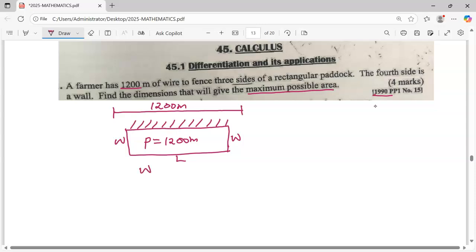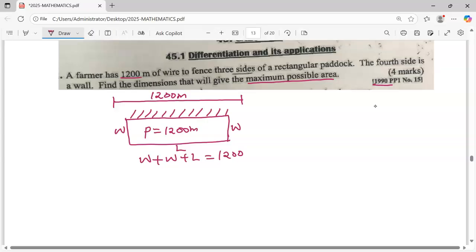Remember, if you add these, W plus W plus L will give us 1,200 meters, so 2W plus L is 1,200. To make the length the subject, we move twice W to the other side, such that L is going to be 1,200 minus twice W.